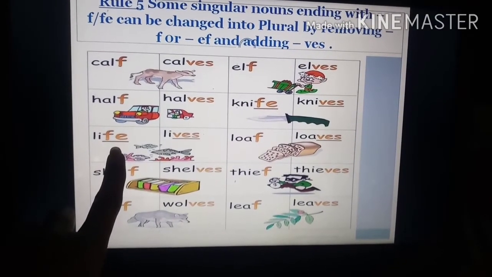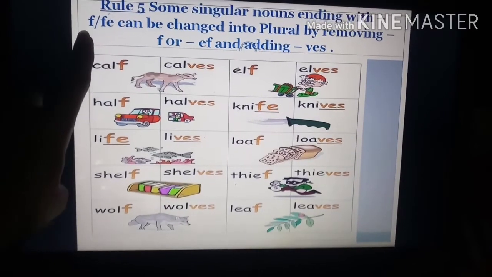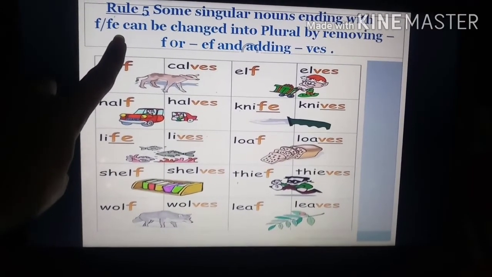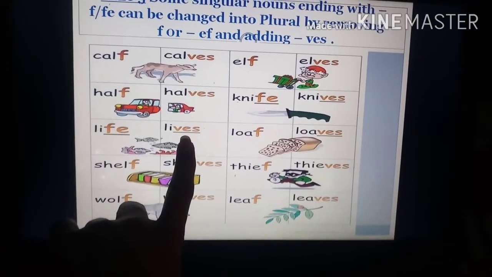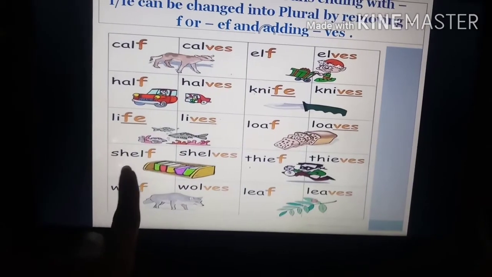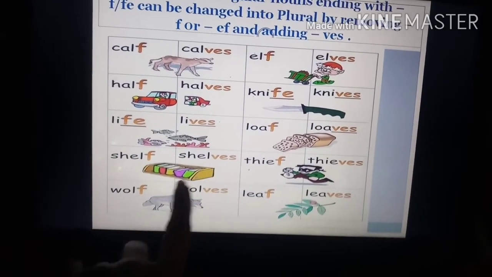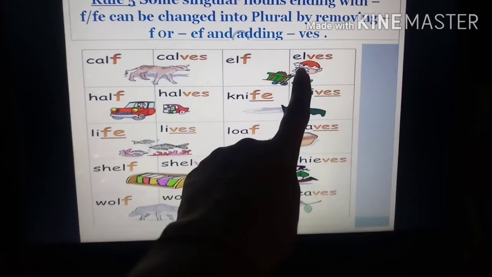life. As I told you, if FE or F is there, we will remove that, and instead of this we will add VES. So life becomes lives. Shelf, shelves. Wolf, wolves. Elf, elves.